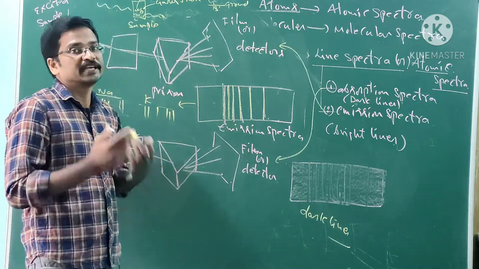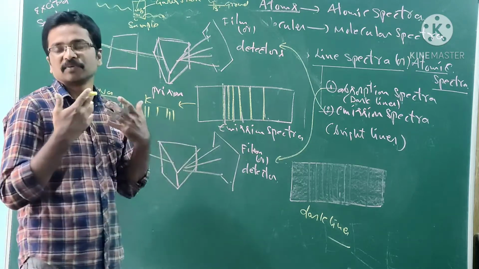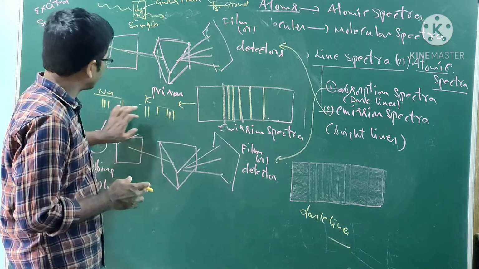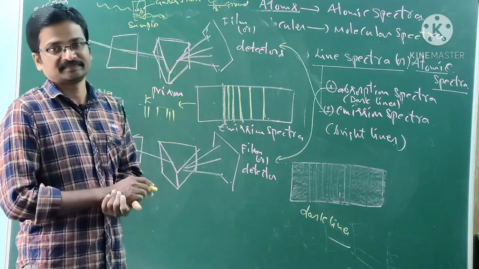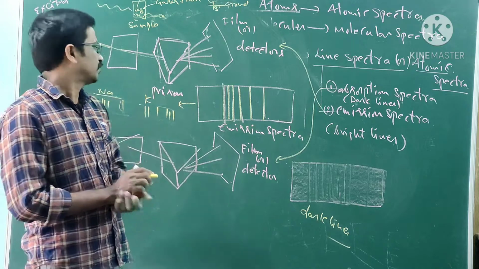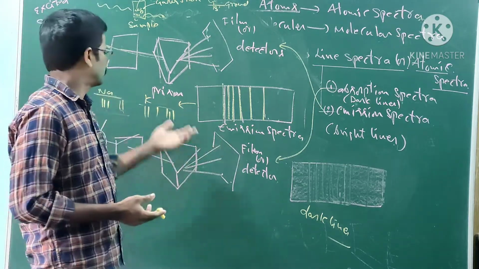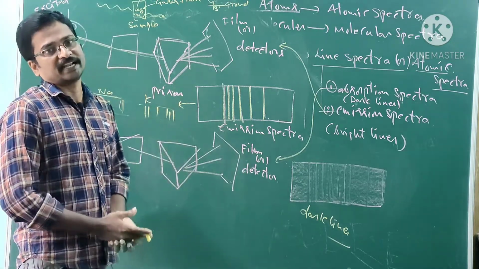Different atoms give different lines; not all atoms give the same lines. So these are line spectra, and the line spectrum of each atom is different. Sodium gives one particular set of lines, potassium gives another, and rubidium gives another.